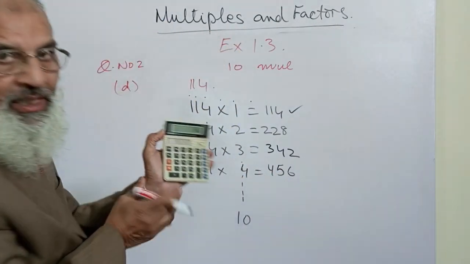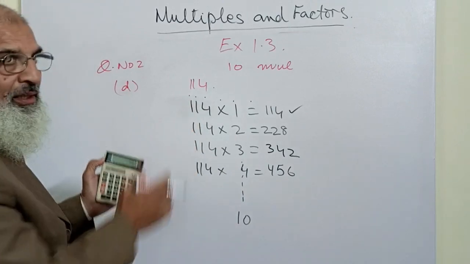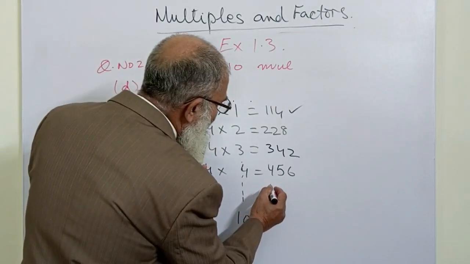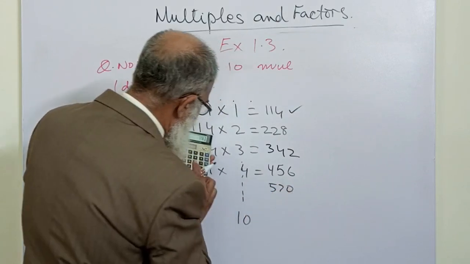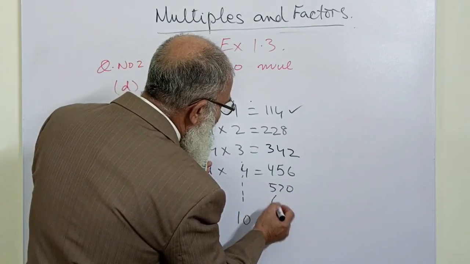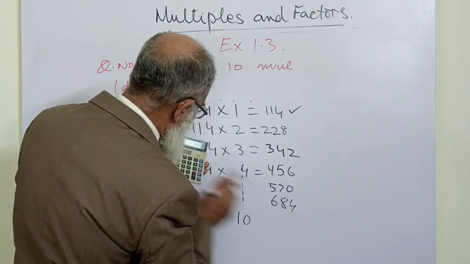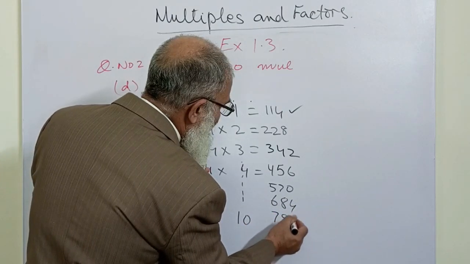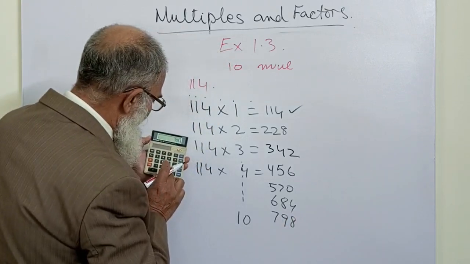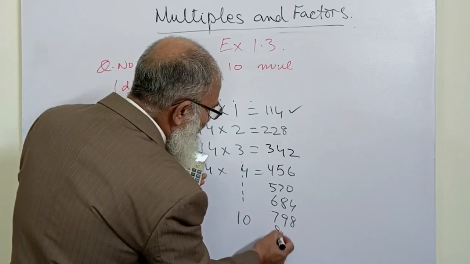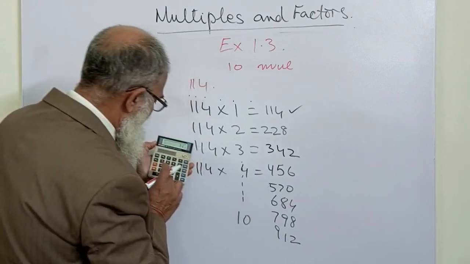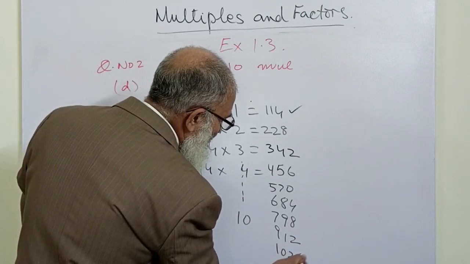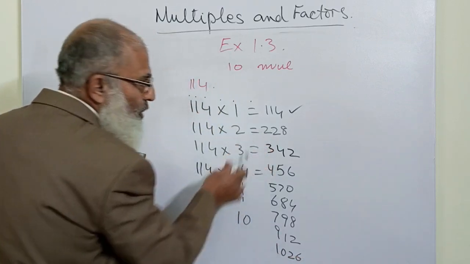And keep on pressing the equal button and keep on writing the numbers: 570, 684, 798, 912, 1026. How many have we got till now?